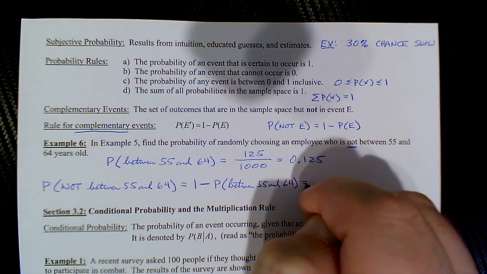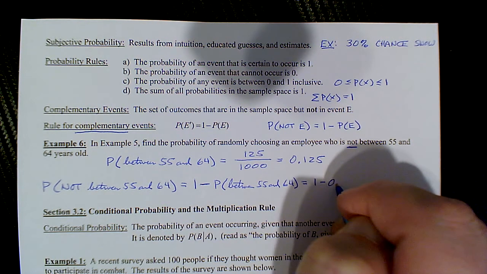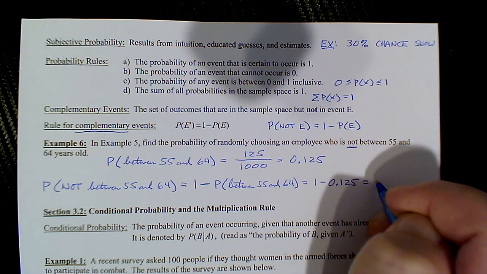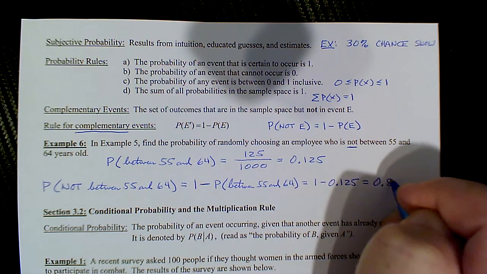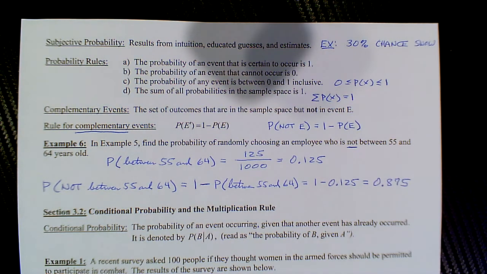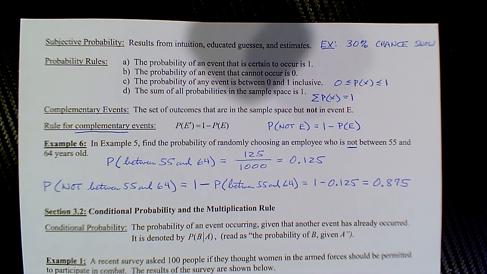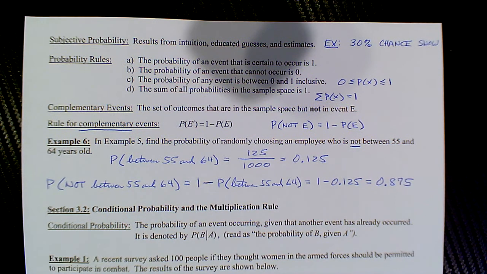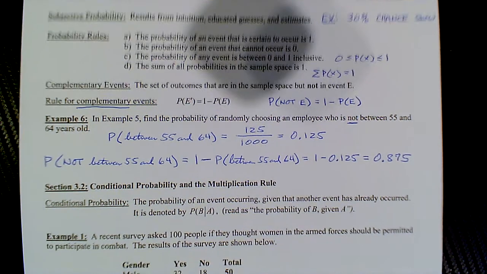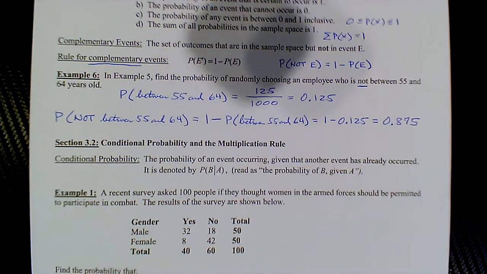So 1 minus 0.125 or 0.875, which you could have equivalently obtained by adding up all of those that are not between 55 and 64 and dividing by 1,000. Okay, so that's the end of 3.1.